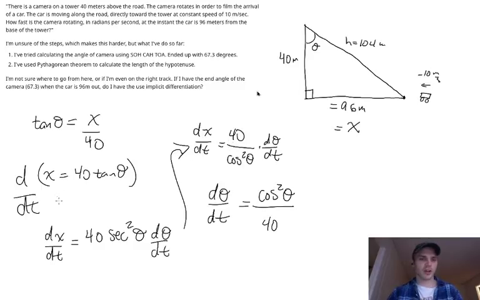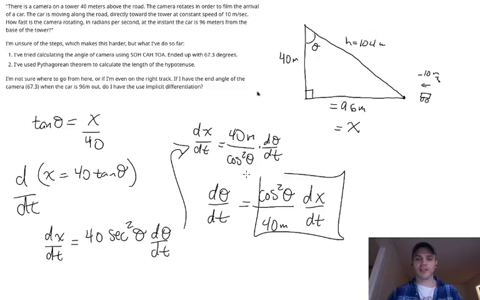And actually, let's keep in mind that this is meters, okay? This is meters times dx/dt. Okay. Now, everything on this side is a known value. The cosine of theta is going to give us a ratio of sides of this triangle. So we can actually just plug that in here.